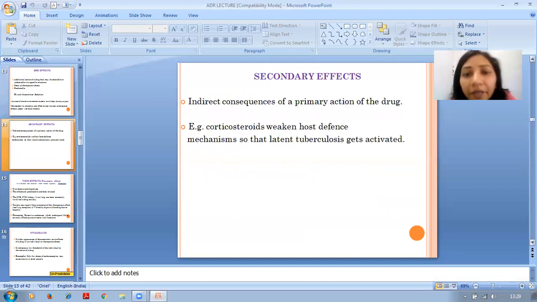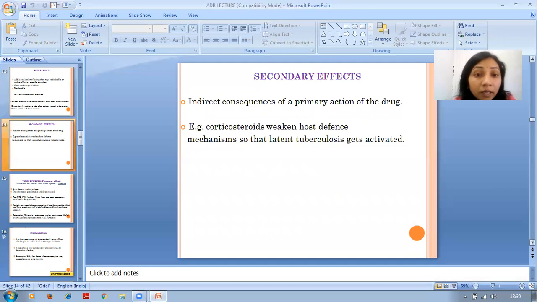Then secondary effects. These are the indirect consequences of the primary action of the drug. For example, corticosteroid weakens host defense. For corticosteroid, we are using the steroid drug for anti-inflammatory purpose in inflammatory disorders.